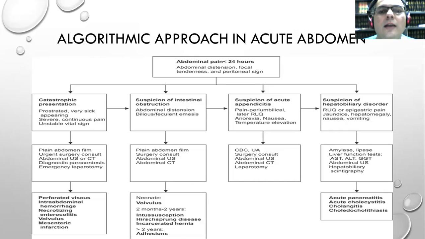So this is when you find or think that there is a surgical cause of pain in abdomen. So if you suspect a surgical cause for pain in abdomen rather than some other organic medical cause, then in that case your approach to a child should be in this fashion. It is totally based on suspicion.